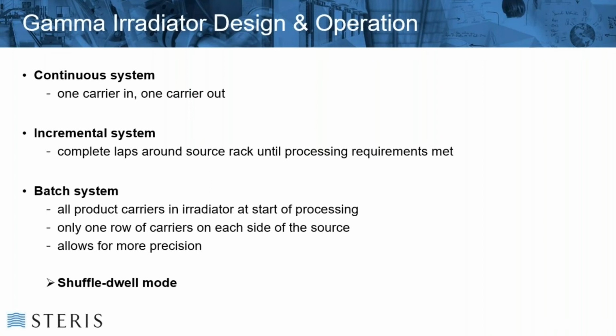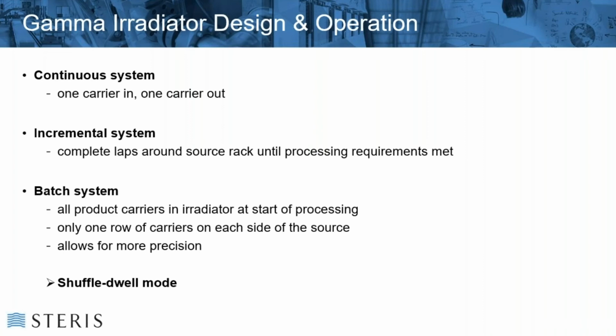One thing that all these systems use is shuffle dwell. So carriers stay or dwell at designated irradiator positions around the radiation source for a certain dwell time, usually a few minutes. And then they move or shuffle to the next position such that each container eventually resides at each position before leaving the irradiator room.